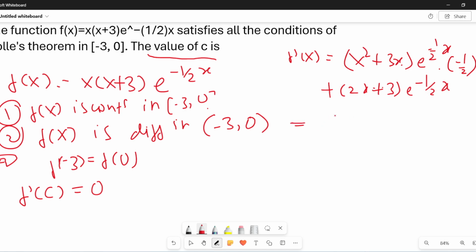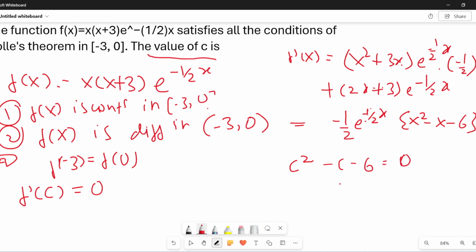When we take common factors, it becomes -1/2 e^(-x/2)(x² - x - 6). So f'(c) = 0 gives c² - c - 6 = 0, so c becomes 3, -2. 3 is not lying between -3 and 0, but -2 is lying between -3 and 0. So c = -2. The value of c is -2.